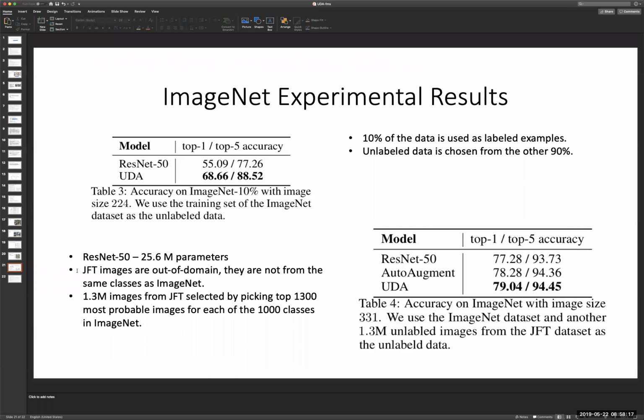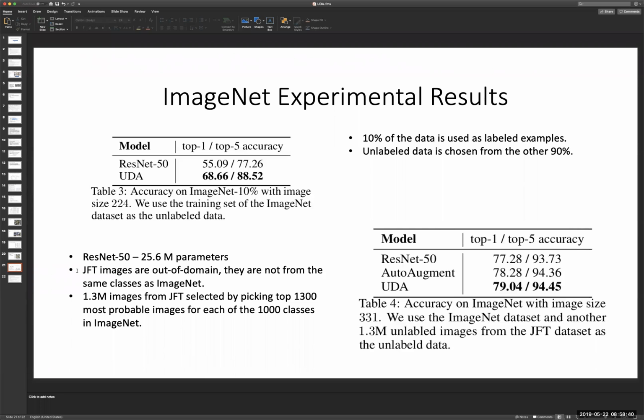So the data set that's going to be used for augmentation is an out-of-domain data set called JFT. They are not necessarily from the same classes as ImageNet. They're definitely images, but not specifically these 1,000 classes. So they're out of domain.